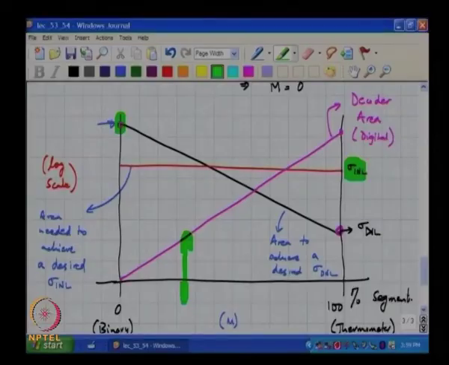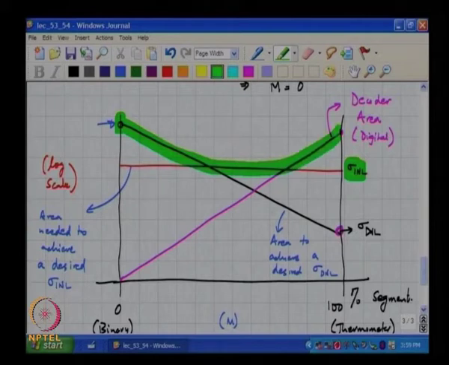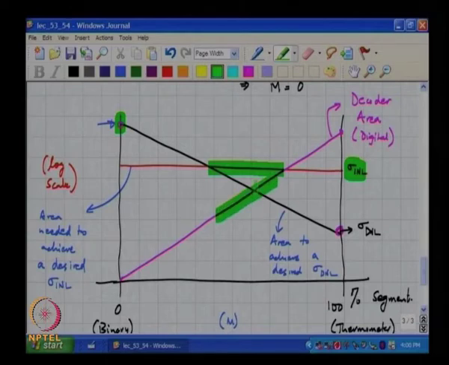So, the relative position of this line is a function of process and feature size and this kind of stuff, but you can see that for a given technology you will be able to find a sweet spot. Around here there is hardly any difference between whatever degree of segmentation you choose, because this is exponentially falling down.